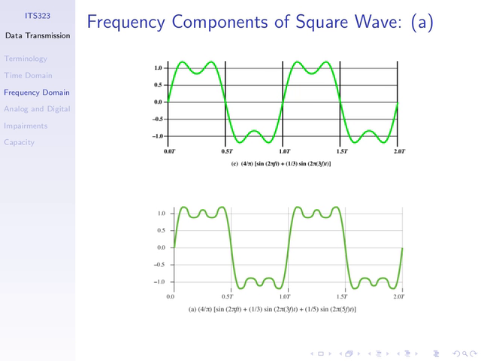Our signal has 2 components. The first component has a frequency of 1 megahertz. The second component has a frequency of 3 megahertz. We say the spectrum is just a list of those frequencies. Let's plot that signal in the frequency domain.